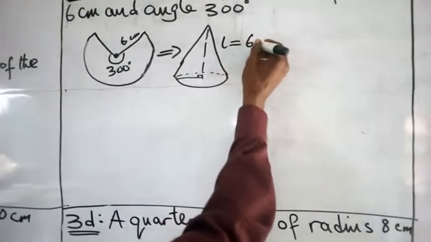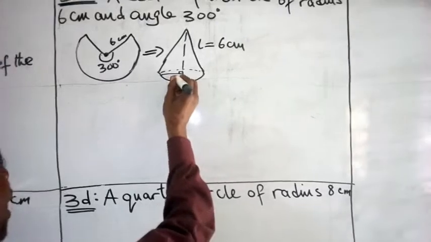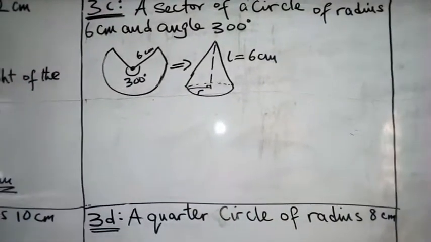So if that becomes the slant height, which is 6 cm, what is the radius now for this cone? That's what we are saying.